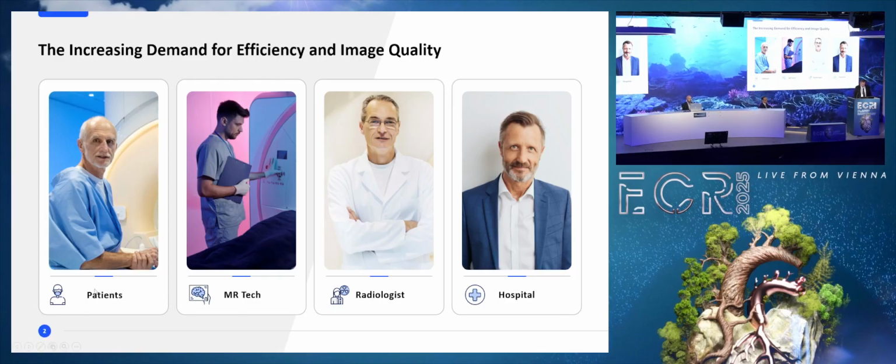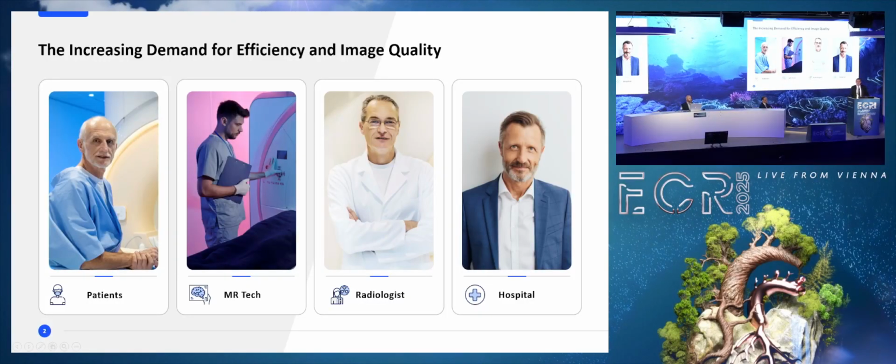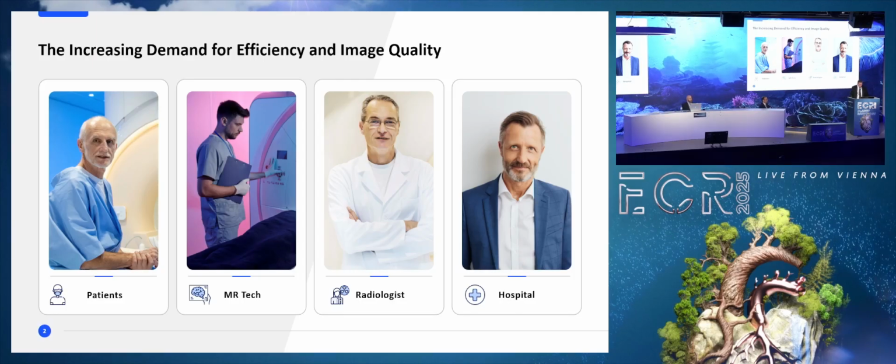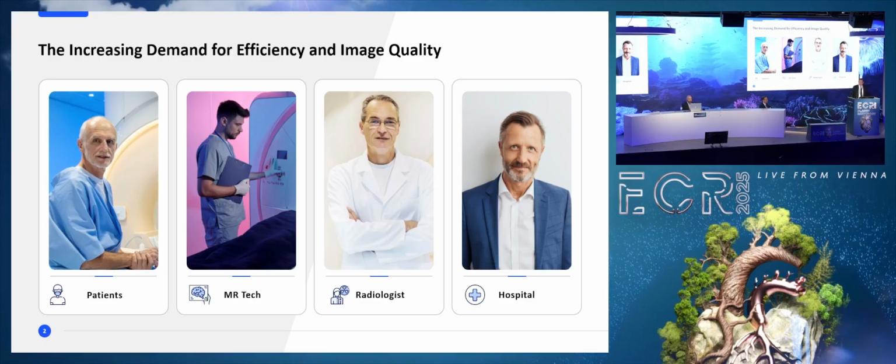Moving on to the MR technologists: if the patient moves during the imaging process, you have repeated scans and really reduced productivity, especially when this happens a lot. When I talk to customers, there are workforce shortages, which cause frustration and burnout.